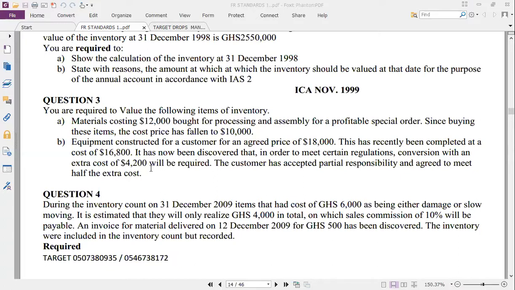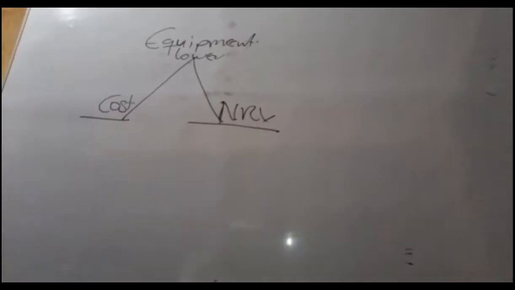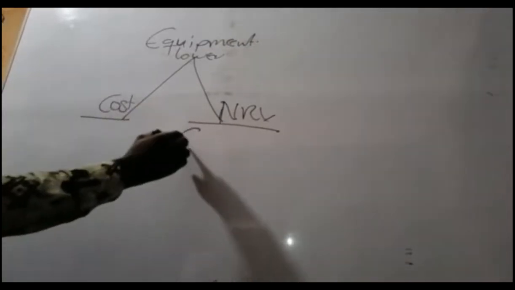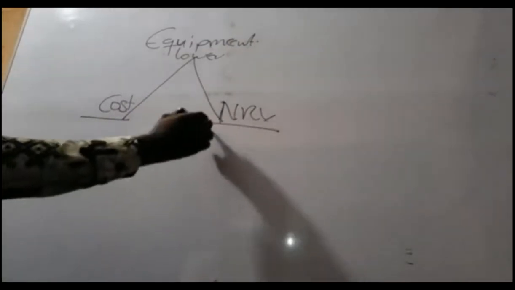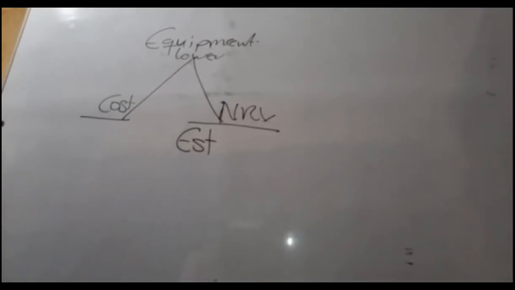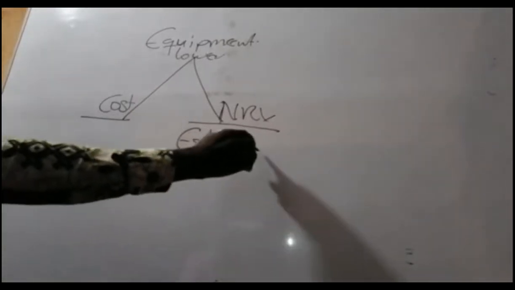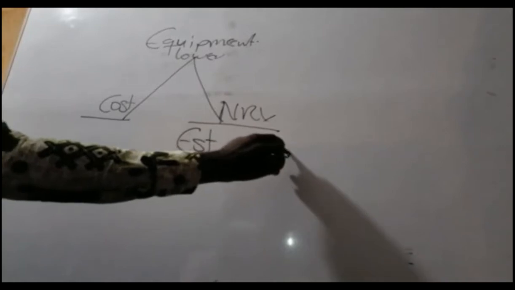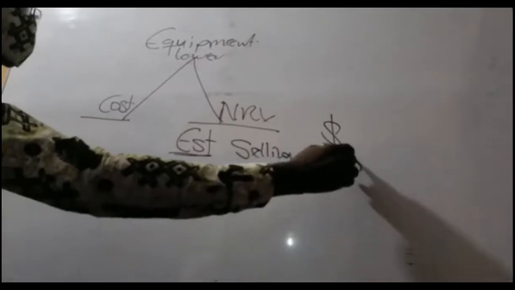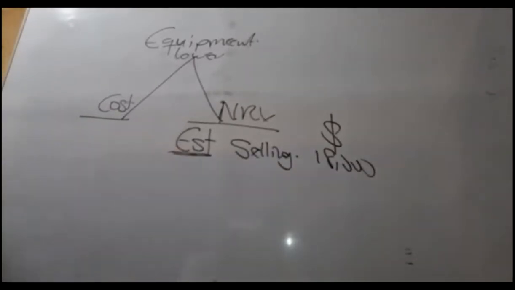So that is the selling price, estimated selling price at an agreed price. So I'll come here and put estimated selling price, which is 18,000 dollars. It's an estimate, or expected.